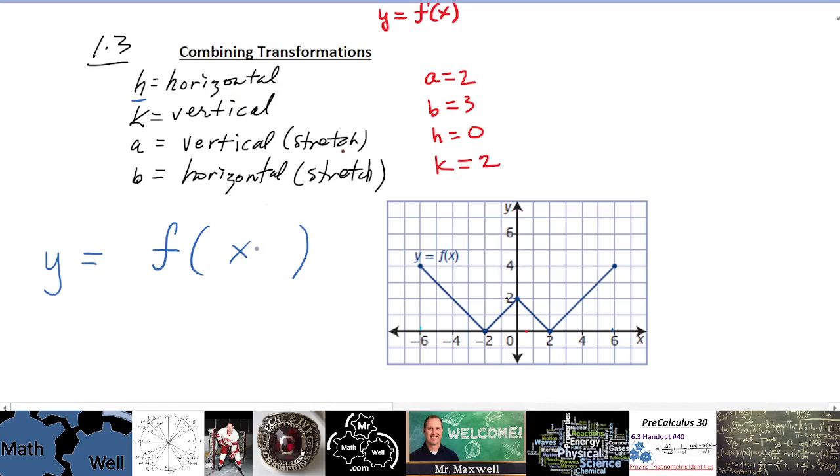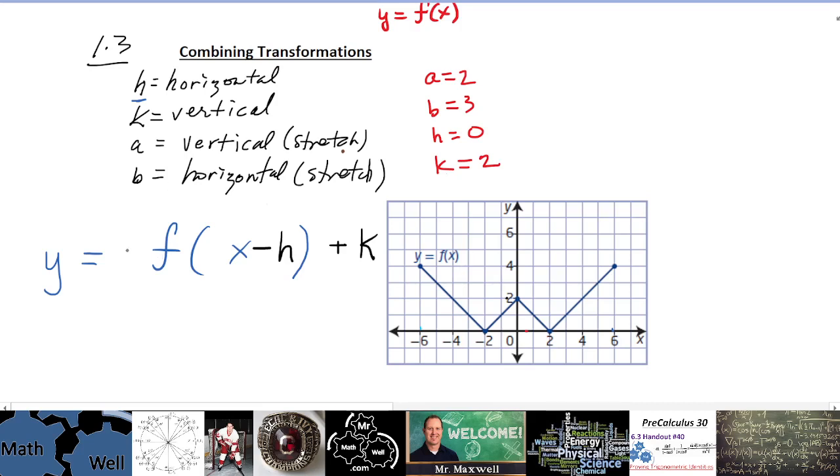We see the h as a parameter, right there. So the h moves the graph left or right. The vertical translation is the k, which is outside of the base function, and the k is out here.